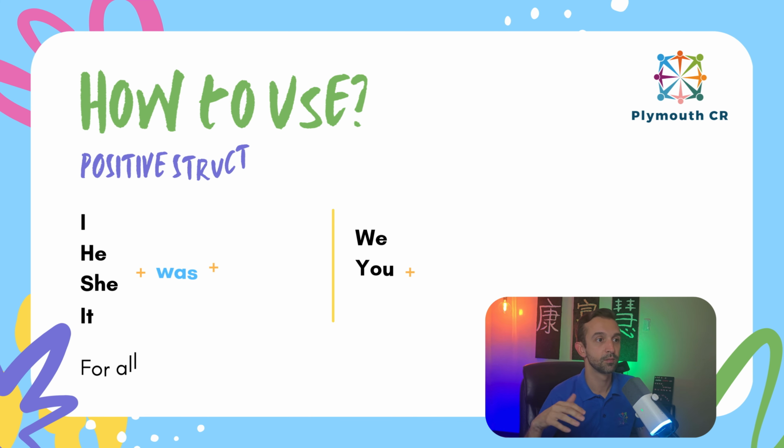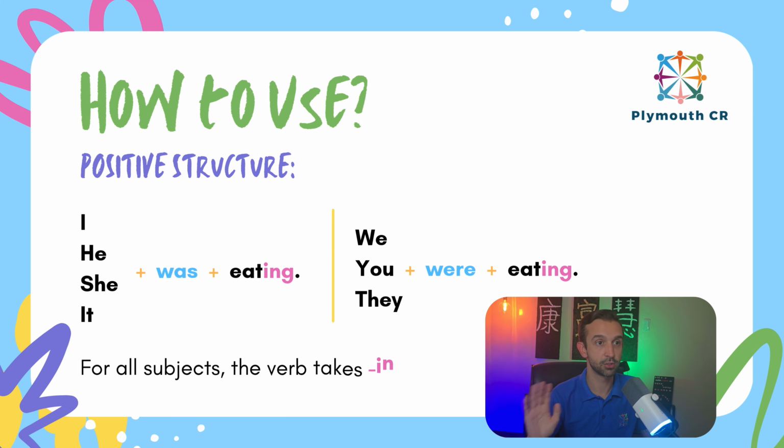Okay, so the past continuous tense structures, right? As usual, we always check this. The positive structure or affirmative structure. We're going to have the subject always at the beginning. We have this divided into two, as you can see: I, he, she, and it, which use the verb to be form of was, and we, you, and they, which use were.